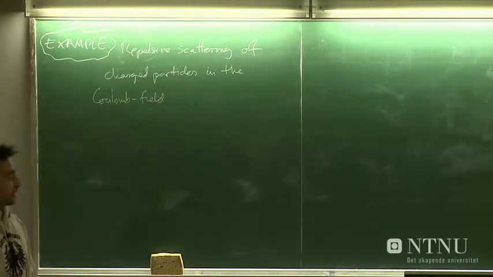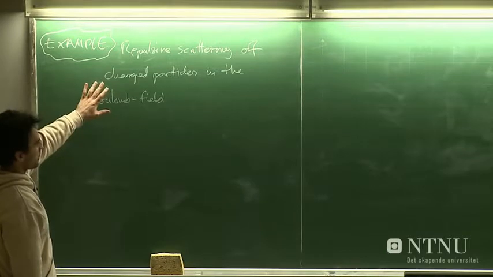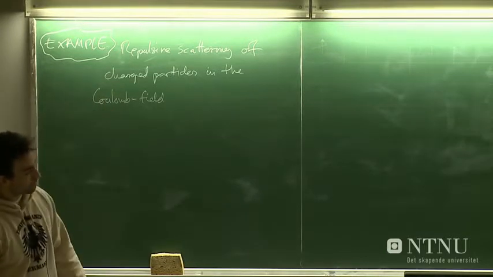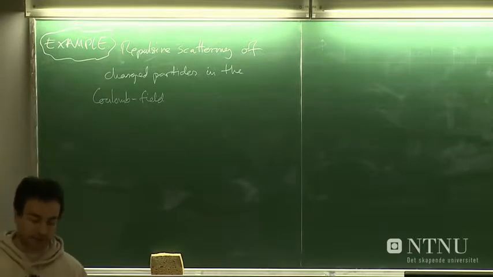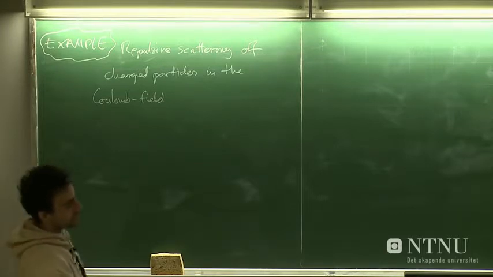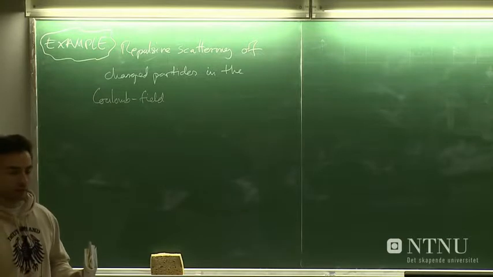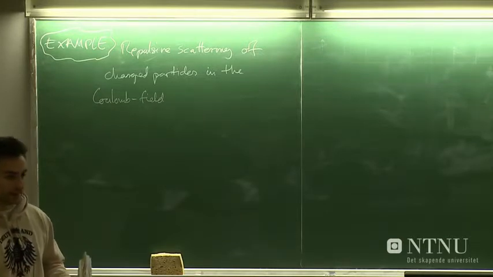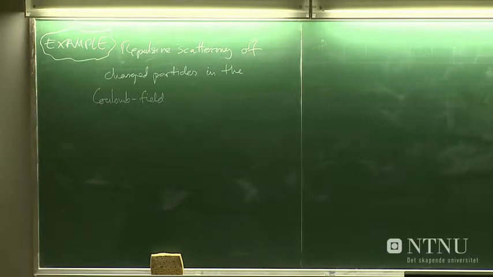So we'll consider an example which is of historical significance, namely repulsive scattering of charged particles in the Coulomb field. This scattering of charged particles in the Coulomb field is something which was historically used in order to determine the structure of an atom. For instance, there were various models for how the structure of an atom would be by the 1930s. So one model was that the atom consists of protons with electrons sort of scattered inside some donut homogeneously, like some sort of jelly.